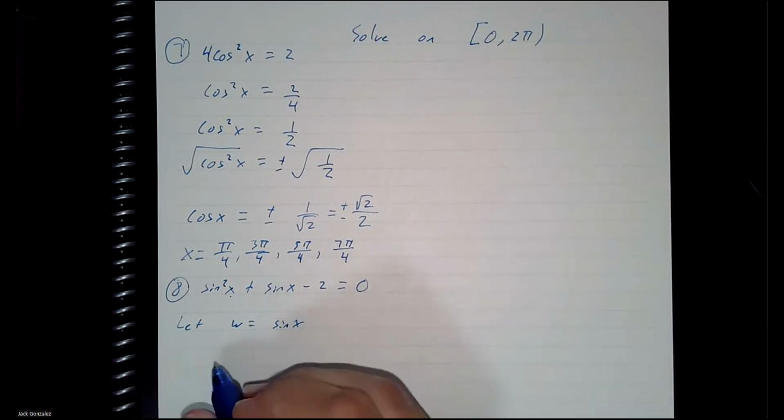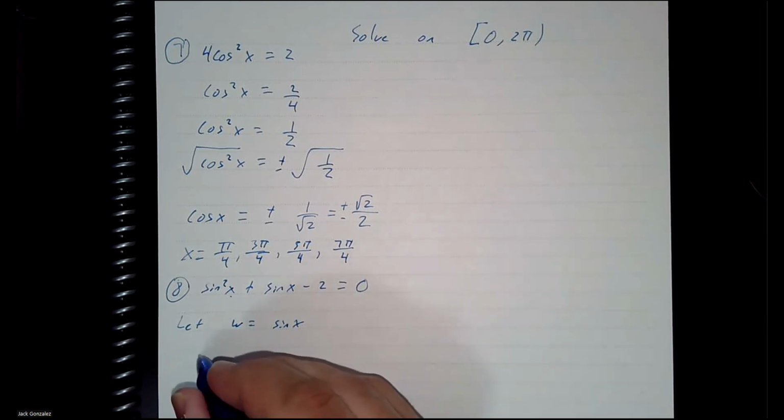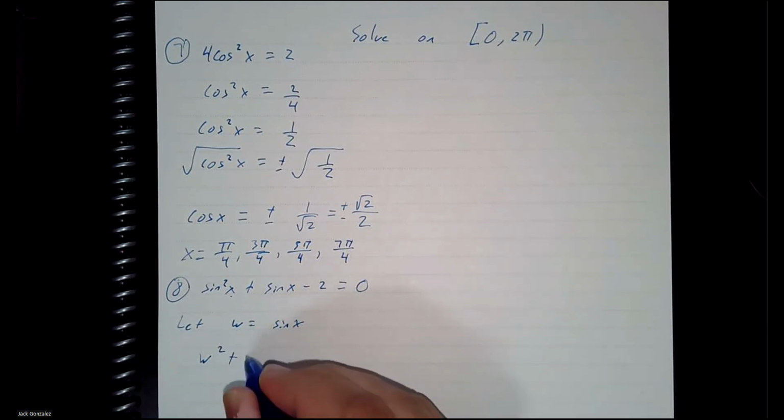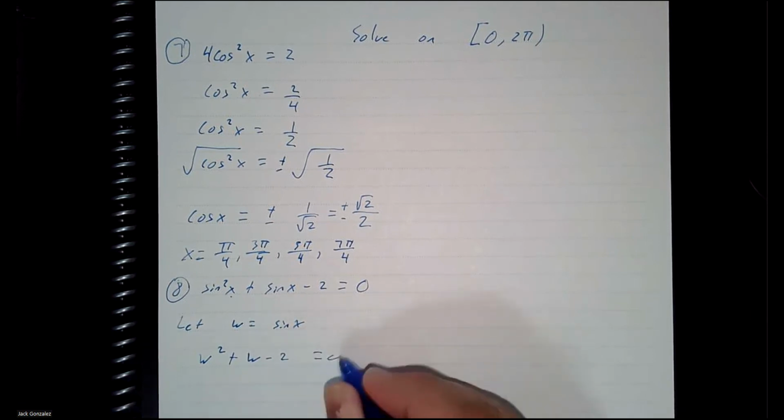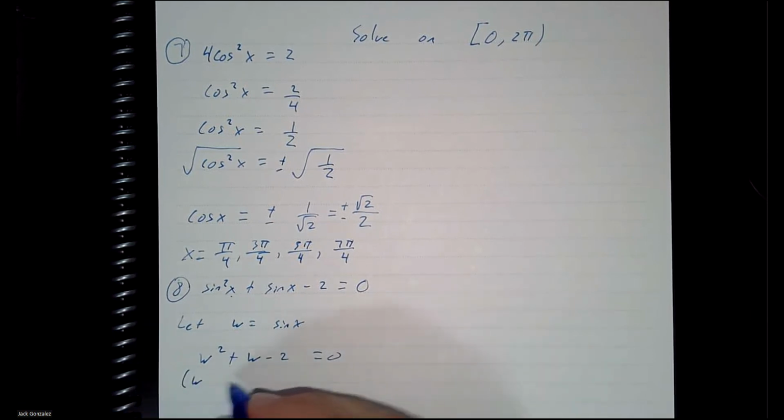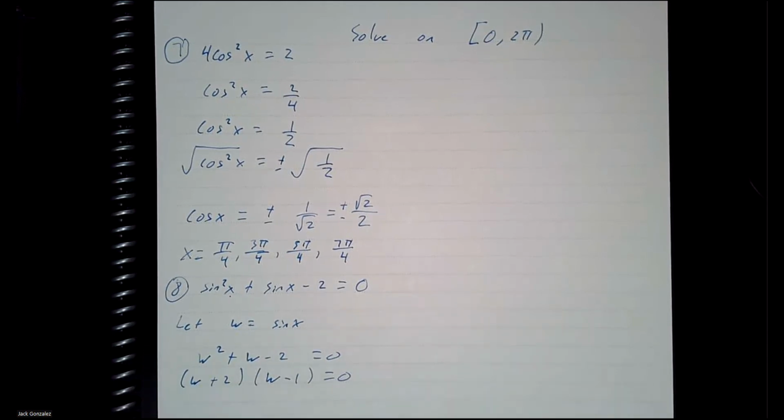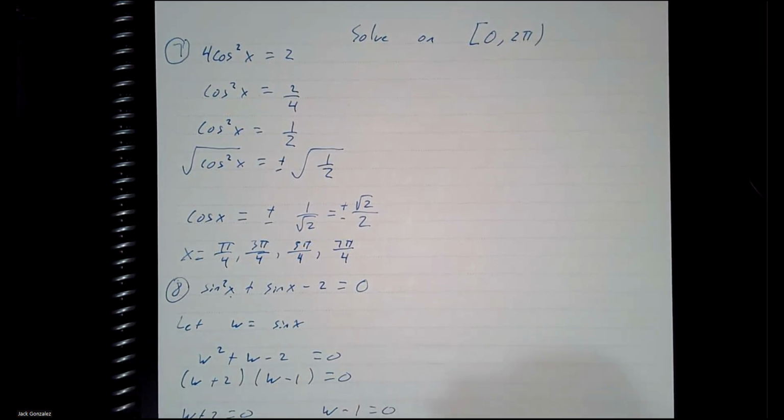I don't care. So you will get w squared plus w minus 2 equal to 0. This will factor like so: w plus 2 and w minus 1. So w plus 2 equals 0, w minus 1 equals 0.